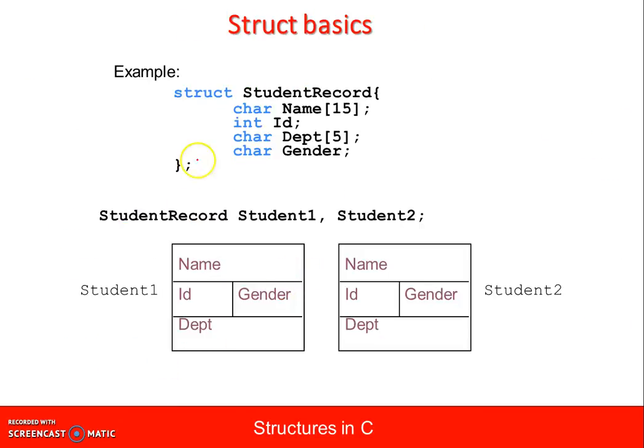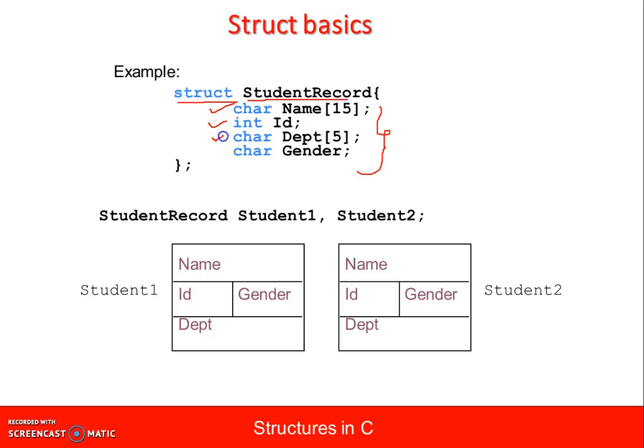Let's take one example. Here we are declaring a structure named student record, and within this structure we have four members, four primitive types. Number one is a character array to store the name of the student. Second is an integer variable to store the ID of the student.